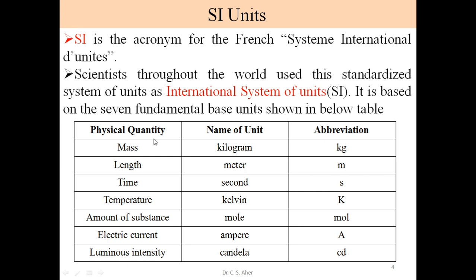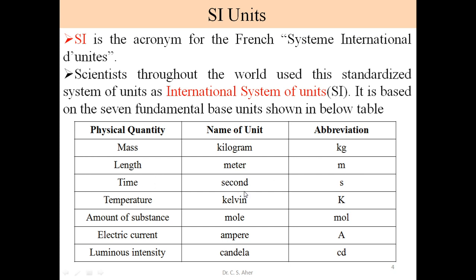The first column is the physical quantity, the second column is the name of the unit, and the third column is the abbreviation of that unit. The first physical quantity is mass, expressed in kilogram, abbreviation kg. Length is expressed in meter, symbol m.